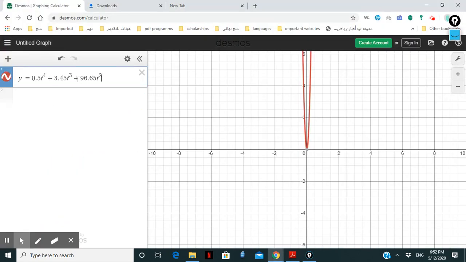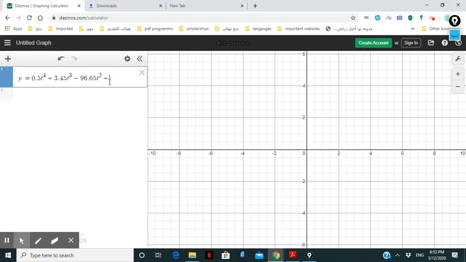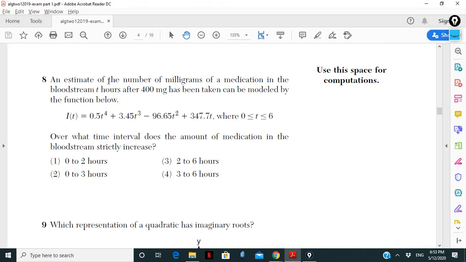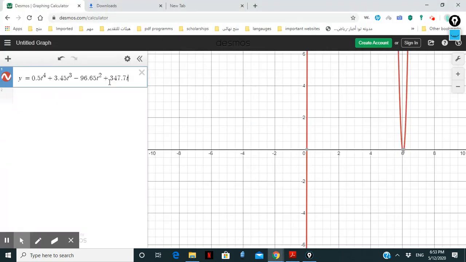Sorry, that's minus. Plus 347.7 t. And we have the function here.